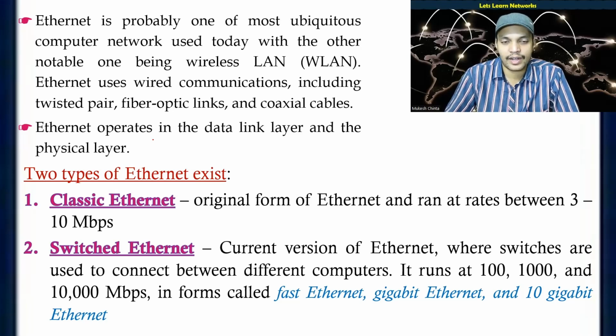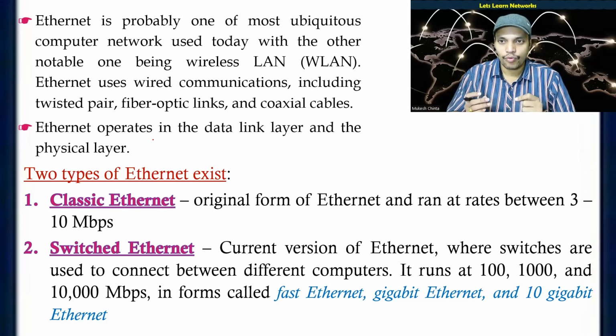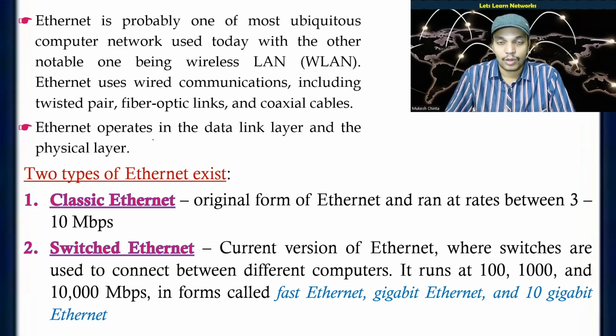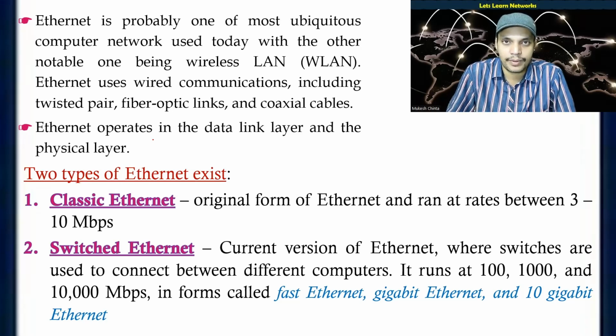The modern day Ethernet is also called switched Ethernet. The reason we call it switched Ethernet is because we use switches to connect different computers. This has the capability to run at different speeds: 10 Mbps, 100 Mbps, 1000 Mbps, and 10,000 Mbps.